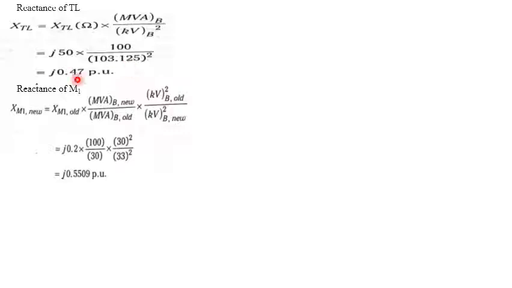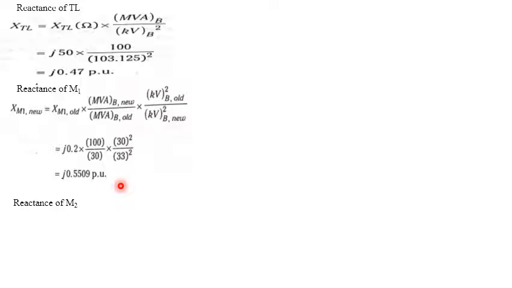Similarly for the motors, having parallel reactances, the MVA base is 100. The actual rating of the motor is 30 MVA, with base voltage old value 30 and new value 33. By substituting all this we get 0.5509.